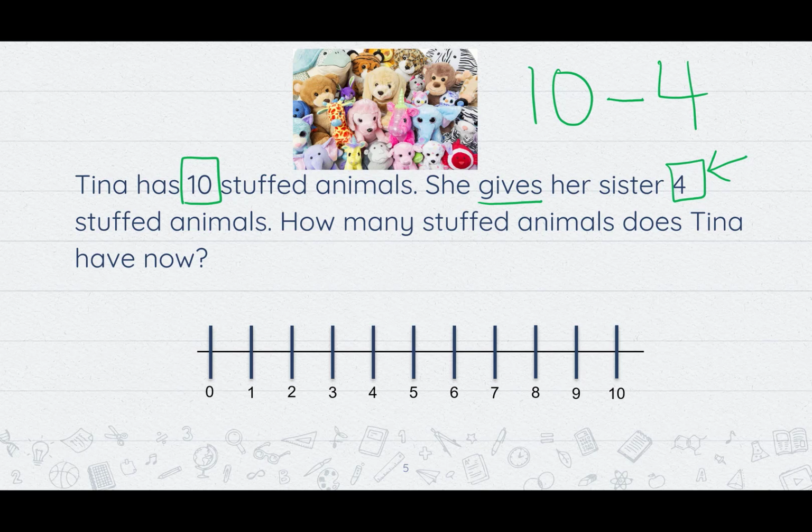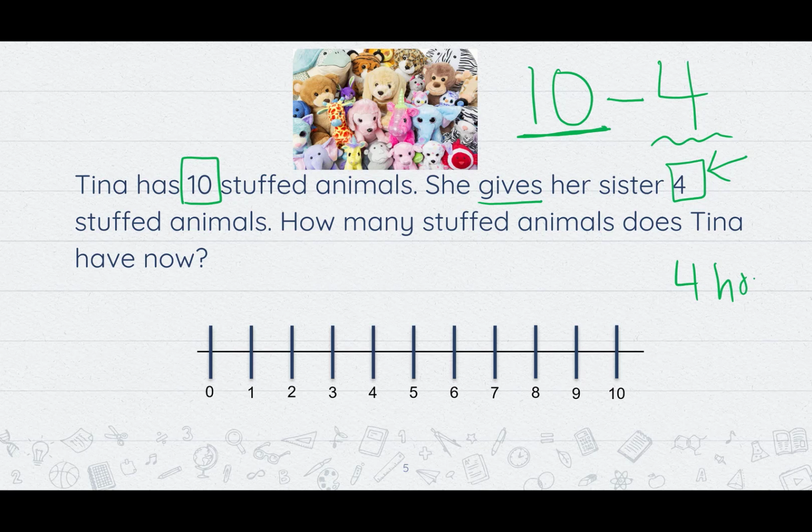So this is the problem that I'm going to try on my number line. So remember, even with subtraction, this is how we know what number we're going to start with. It's our first number in our sentence. So we're starting with 10, and we're going to make 4 hops.